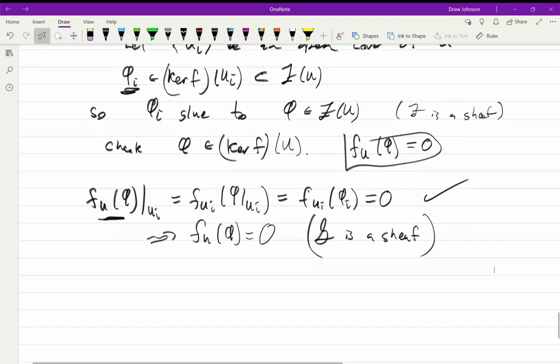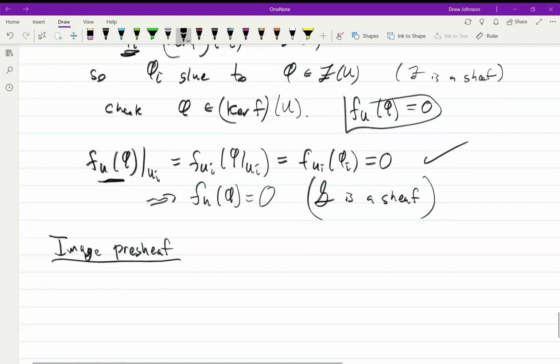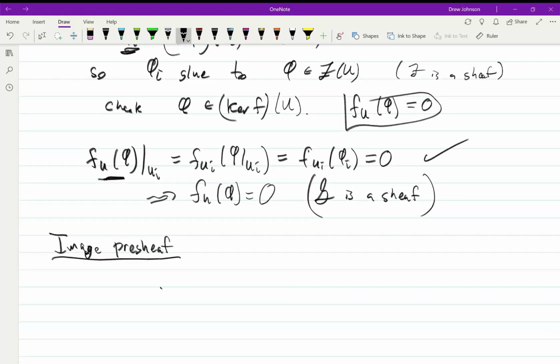All right, let's try and do the same thing for the image. Now it turns out it's not going to work out quite as well. So we're just going to now define an image pre-sheaf, and then we'll say later how to make it into a sheaf. The image pre-sheaf we're going to define to be image prime of f, standing for the fact that later on we're going to reserve im to mean the image sheaf, which we'll define later.